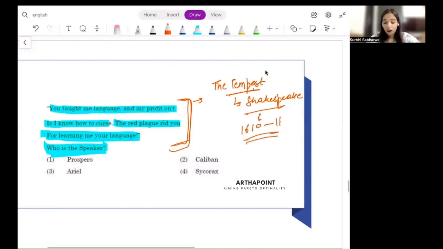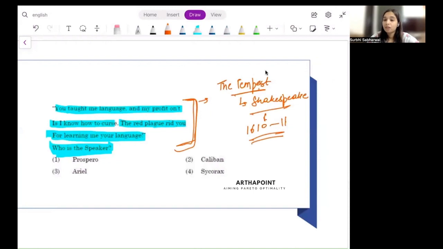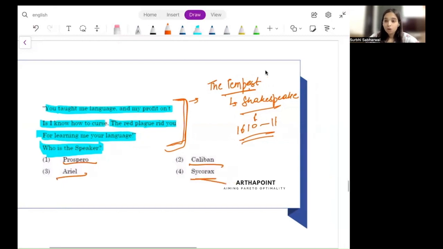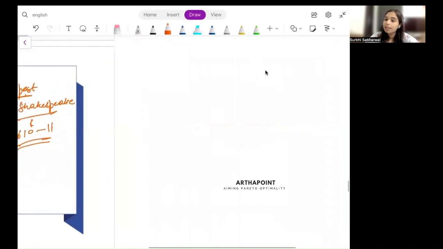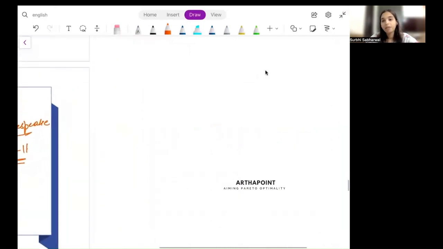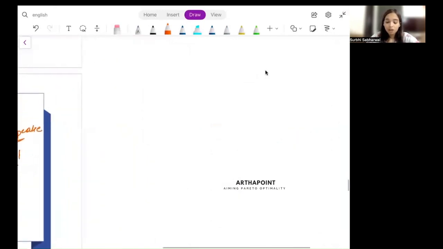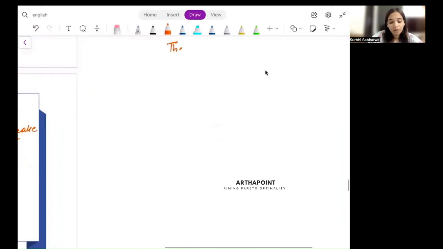Now, for those who must have read this play, it would become easy for them to identify as to who spoke it. Either it's Prospero, Caliban, Ariel, or Sycorax. But for those who don't know, we would quickly summarize the story and then we would see who said the dialogue.